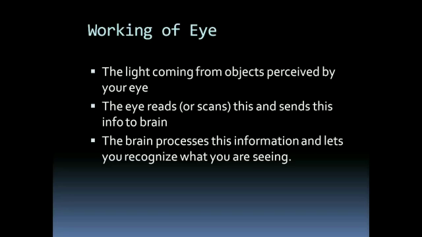This kind of information will be analyzed by your brain, and with that analysis, your brain will send a signal to you: this is a plant, this is a tree, like that. This way you can easily understand what object you are seeing.